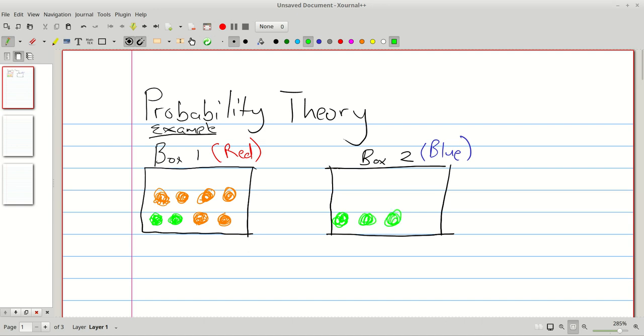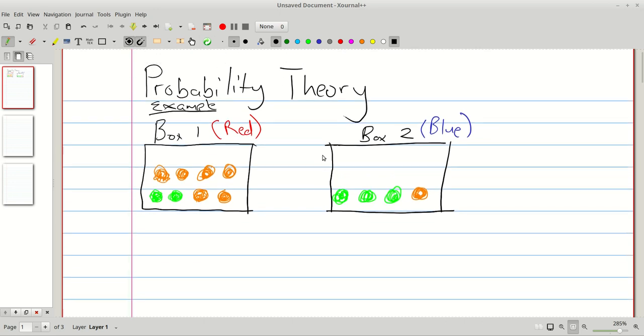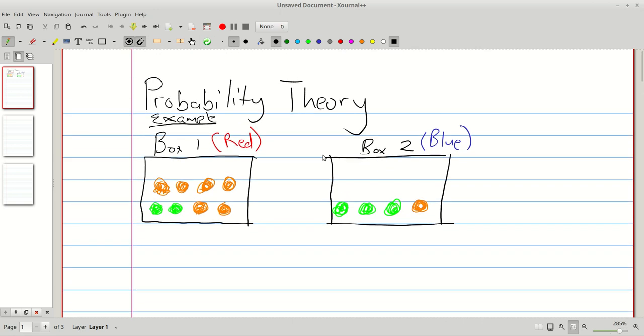This example is actually drawn from the book that we're using for this module, just in case you're interested. So this is what we have, right? Suppose that we randomly pick, okay, let's just deal with one box, let's just deal with the blue box, for instance.